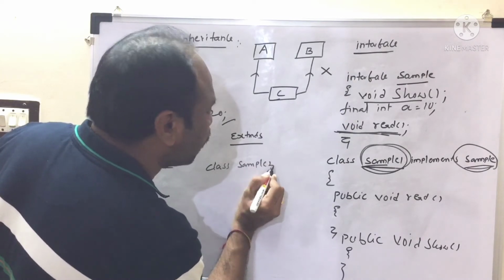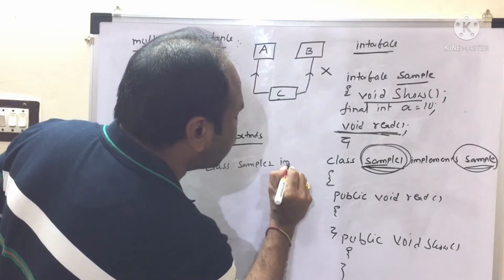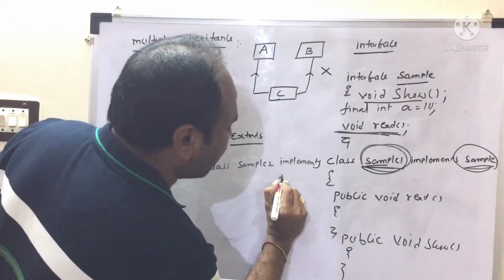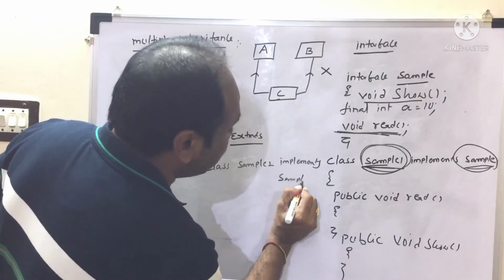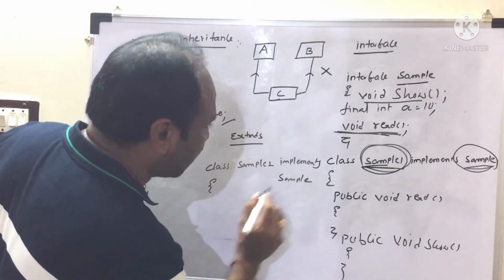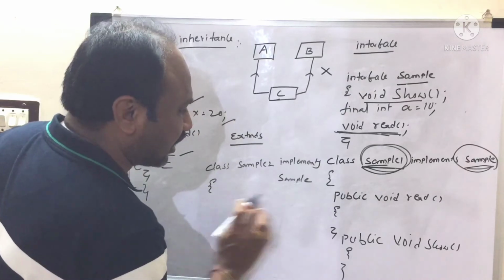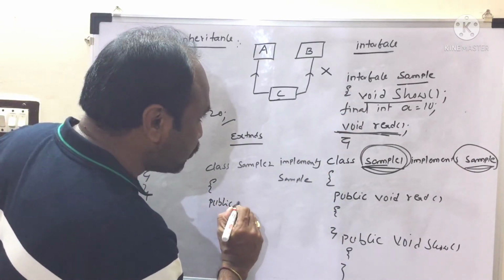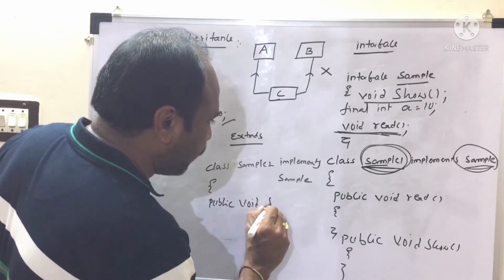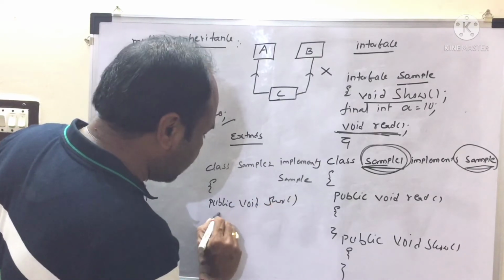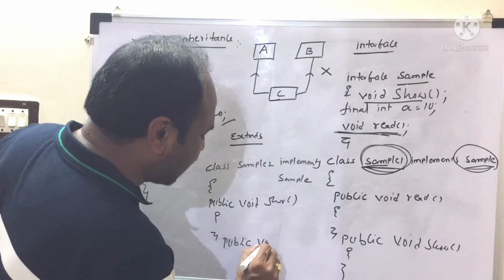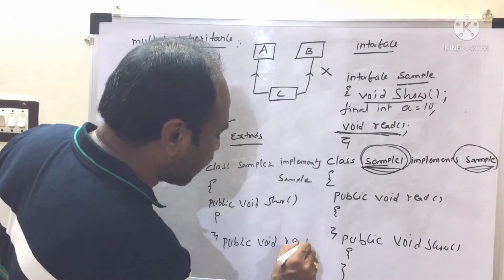I am creating this sample2 class implementing the sample interface. If you create any number of classes, in all those newly created classes we have to define all those abstract methods: public void show, then public void read. Otherwise, it will lead to an error.